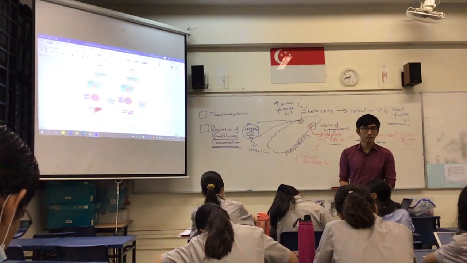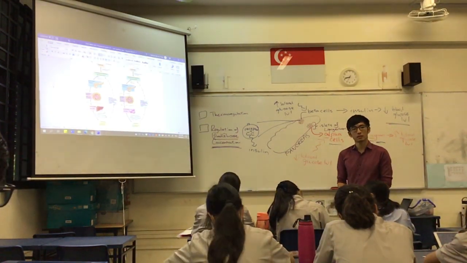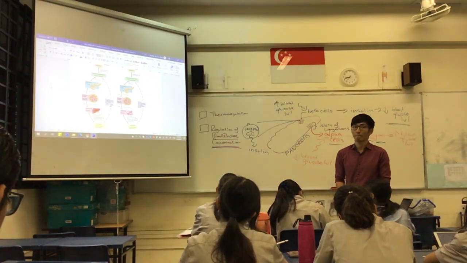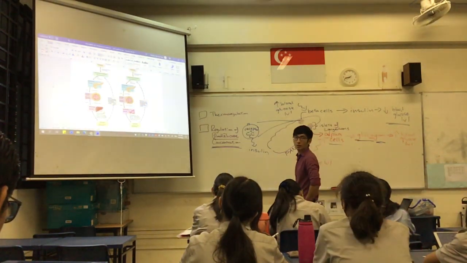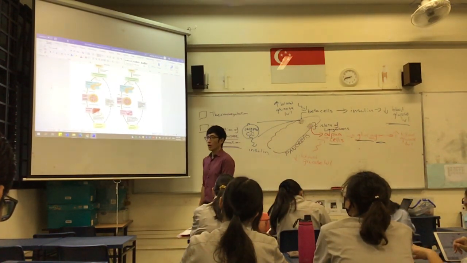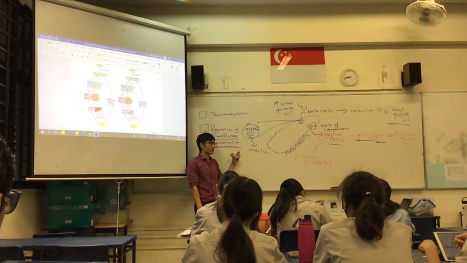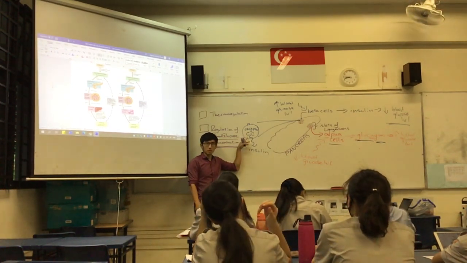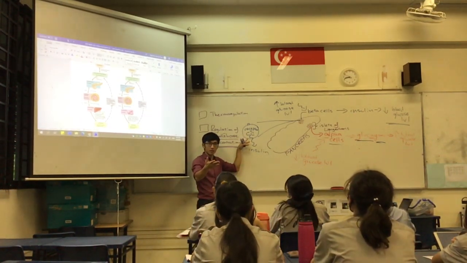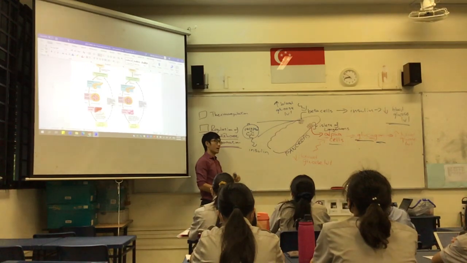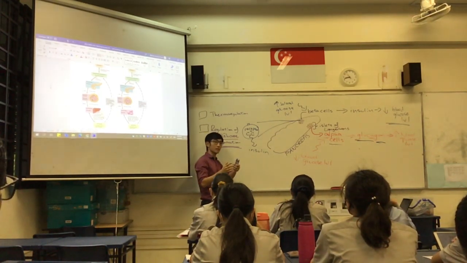Yes? Then when the diagram says the receptors stimulate, how does it actually stimulate the control center if they're the same thing? In other words, this cell is both receptor and control center, right? Let's look at a typical homeostatic system.